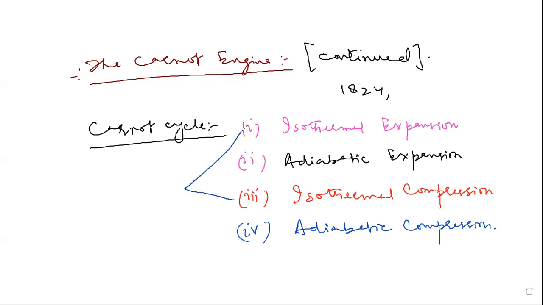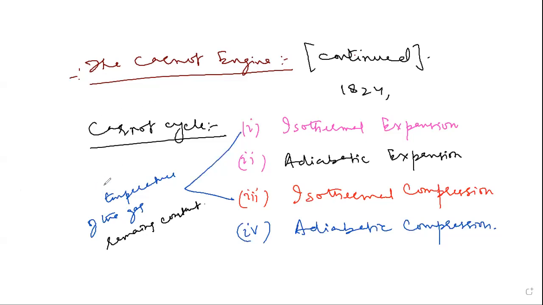That means during these two isothermal processes, the temperature of the gas, which is a working substance, remains constant, right?